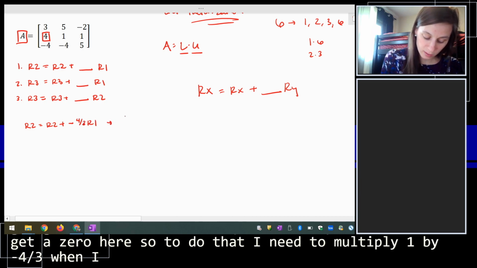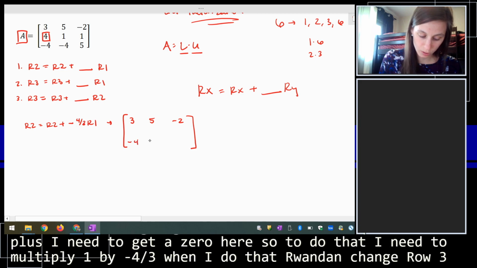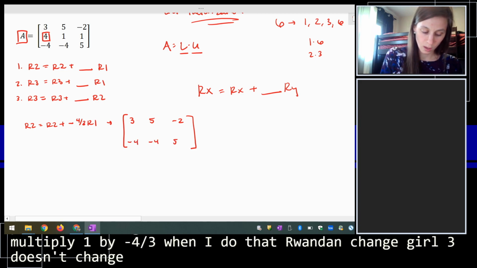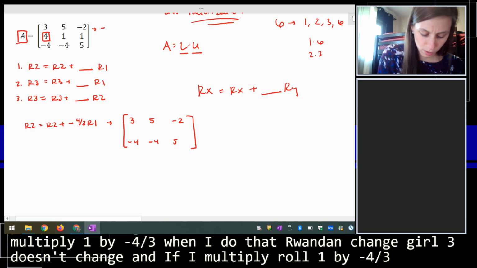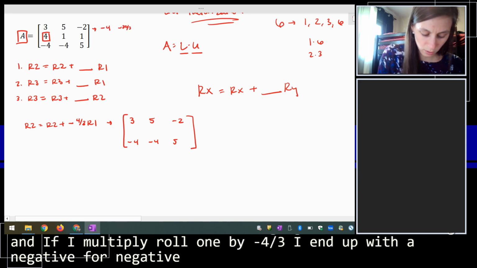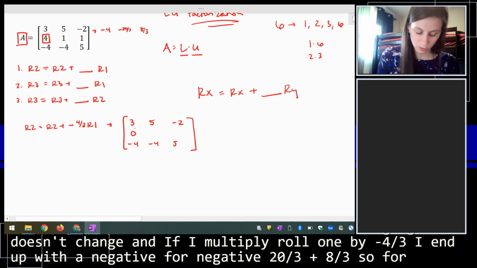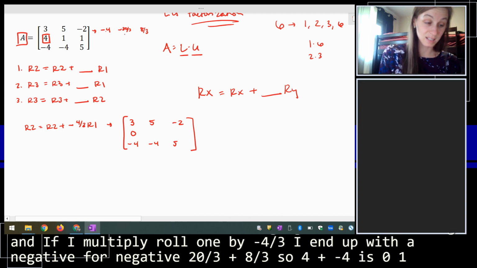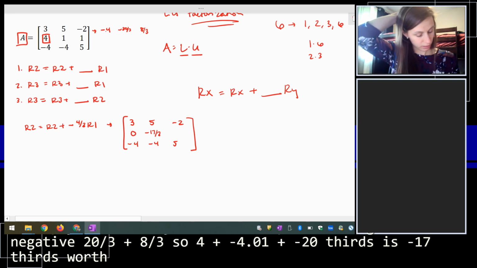When I do that, row 1 doesn't change. Row 3 doesn't change. And if I multiply row 1 by negative 4/3, I end up with negative 4, negative 20/3, and 8/3. So 4 plus negative 4 is 0. 1 plus negative 20/3 is negative 17/3, or 3/3 minus 20/3.